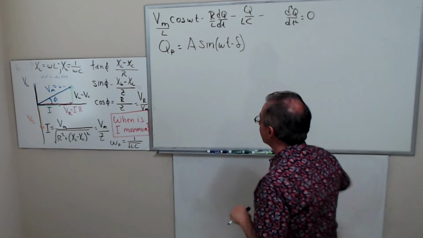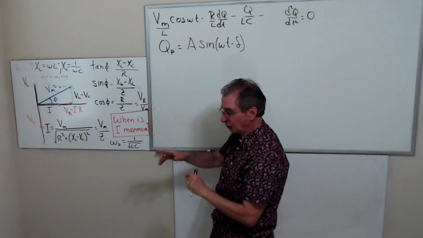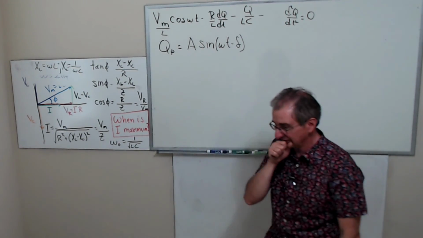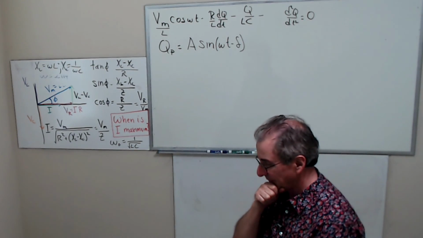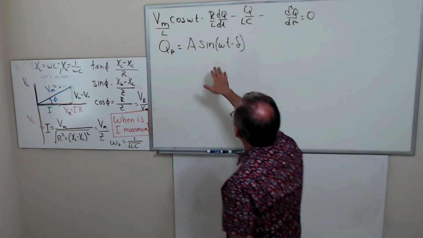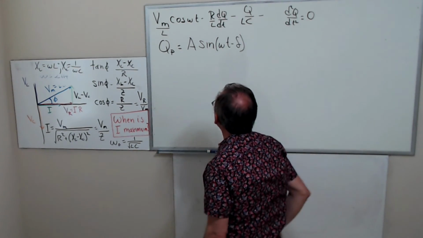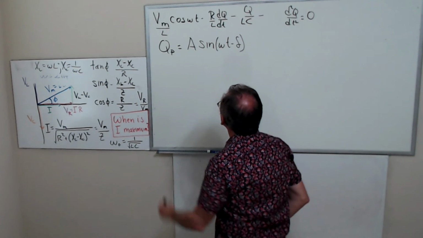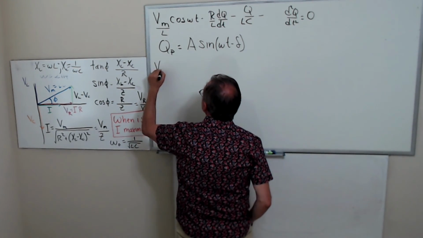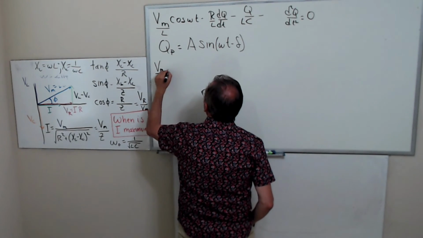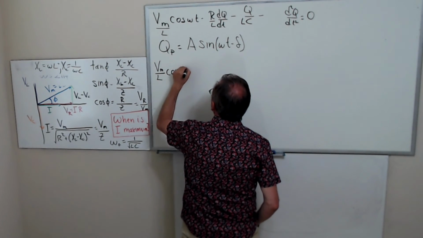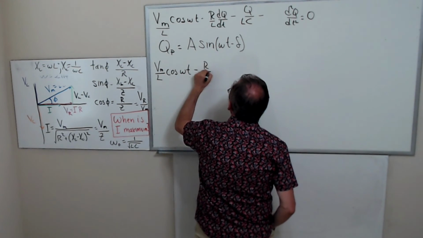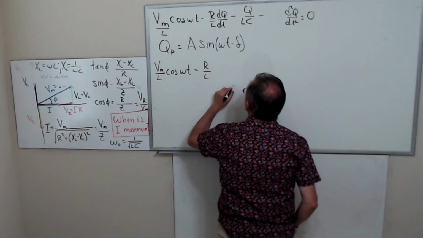Why am I using sine instead of cosine? Because when I take the derivative of the sine function, I'm going to get the current. That's going to be the cosine function. Okay? And so I'm going to take this and stick it everywhere up there. So I'm going to do V sub m over L cosine omega t minus R over L.